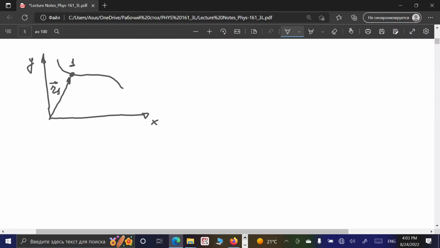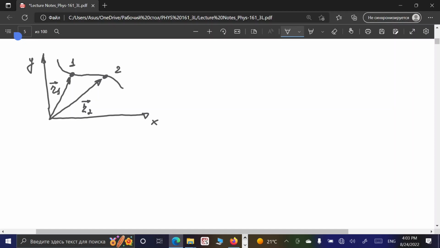Let's say after some time interval, this body moves from point 1 along this trajectory to point 2, which is described by its position vector, the r2 vector. So now we have two position vectors, and we also have this initial and final point, which we consider in the scope of this example.